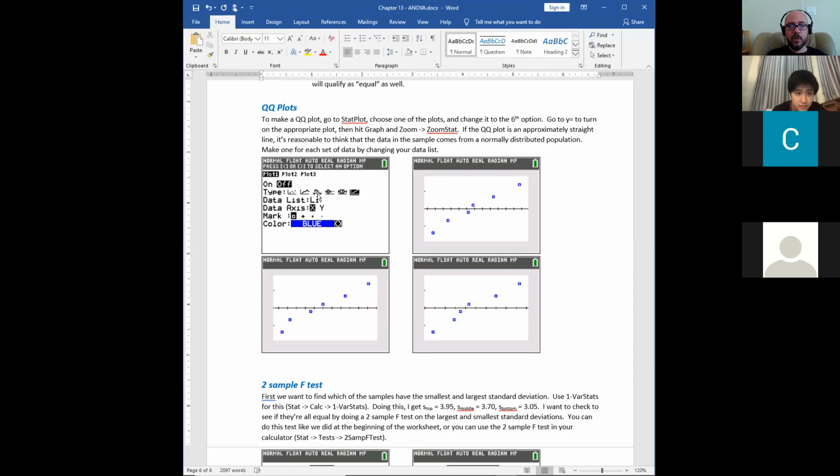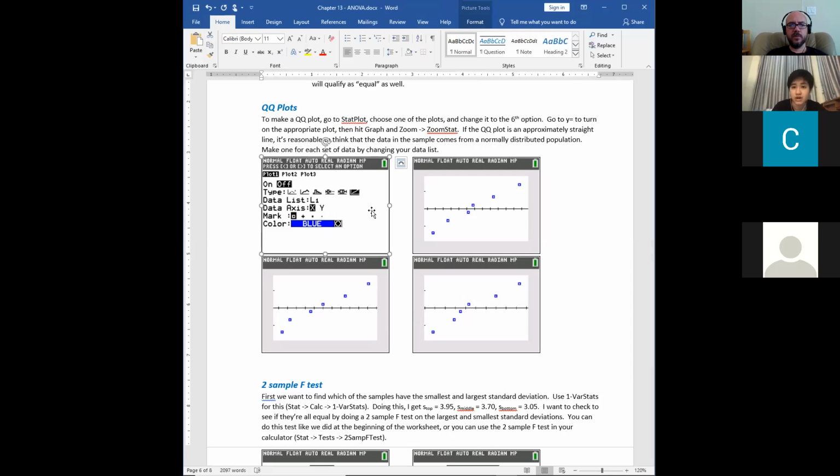I'm sorry. Say it again, Cole. How do we graph it? So once we have the 6th graph selected, change it to the data. We're gonna do one of these for each sample. So one for L1, one for L2, and one for L3. Once you've got it set up like I have in this picture here, go to y equals and turn on plot 1 and make sure you don't have any other stuff plotted there.